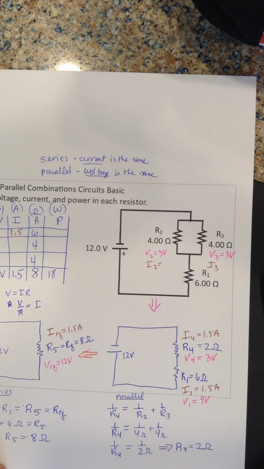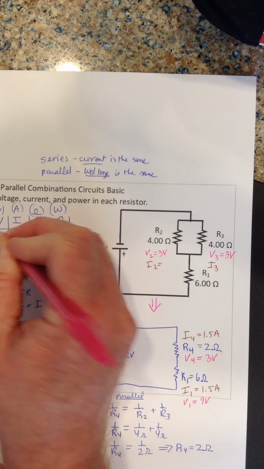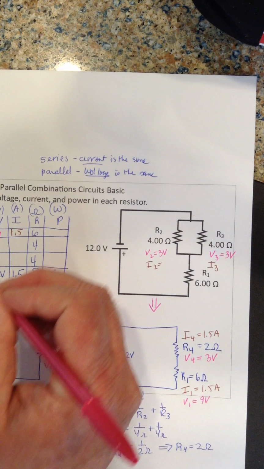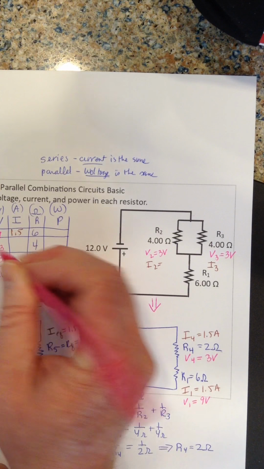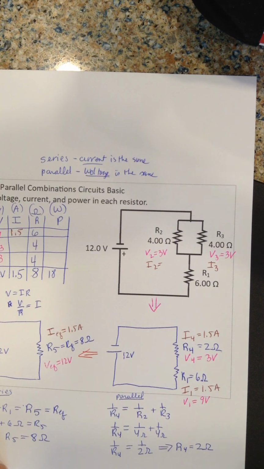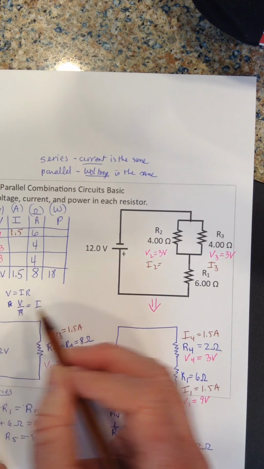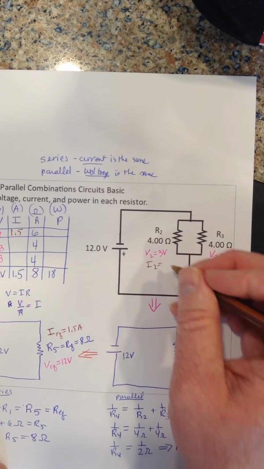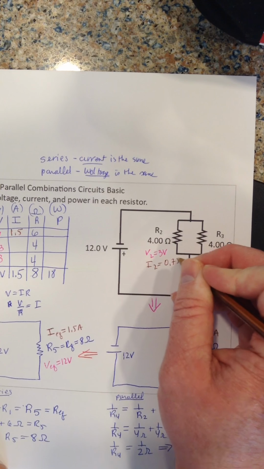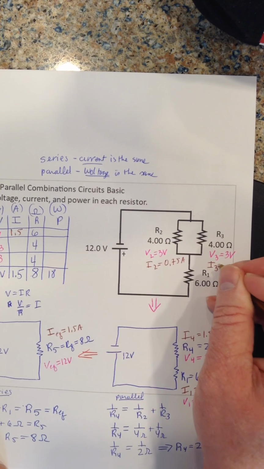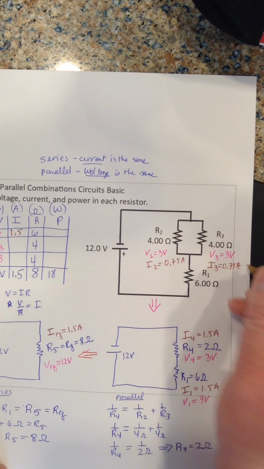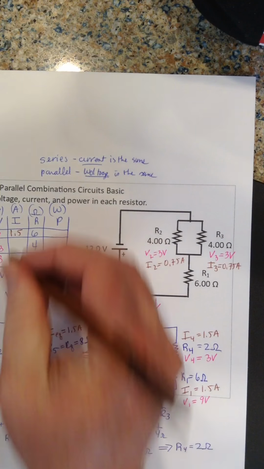Let me put these things in the chart though. V1 is 9 volts. V2 and V3 both have 3 volts. Now I can figure out I2 and I3 because I is V divided by R, so 3 divided by 4 is 0.75 amps, and 0.75 amps because they're both the same resistor.